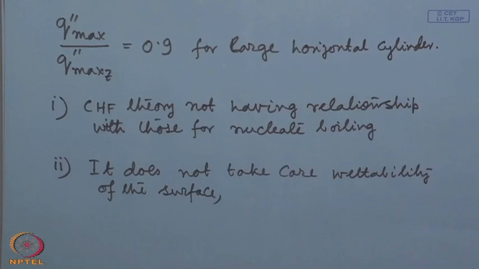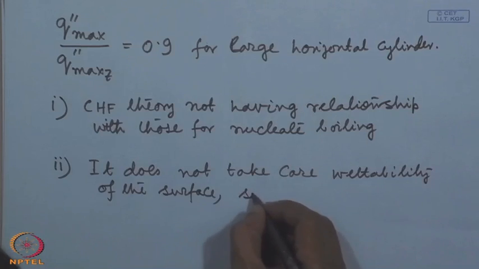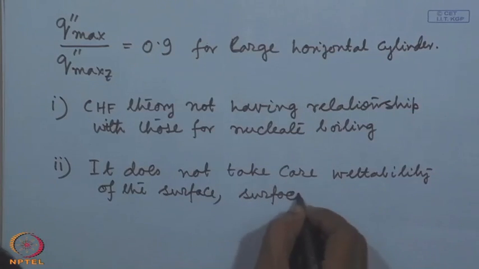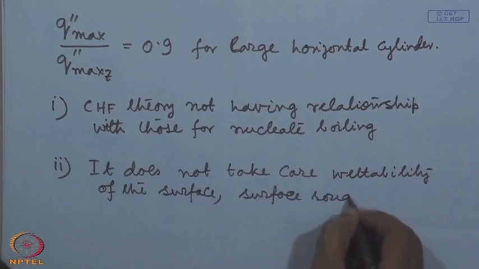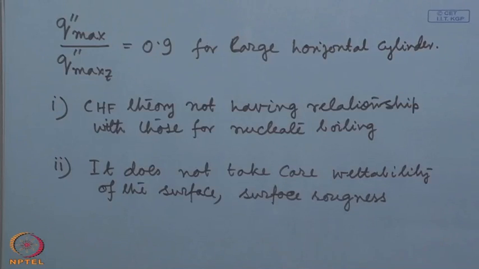Then it does not take care of the surface roughness. These two parameters are of paramount importance in case of nucleate boiling, but the critical heat flux theory does not include these. So, obviously, these are the weakness or limitation of the hydrodynamic theory of critical heat flux.